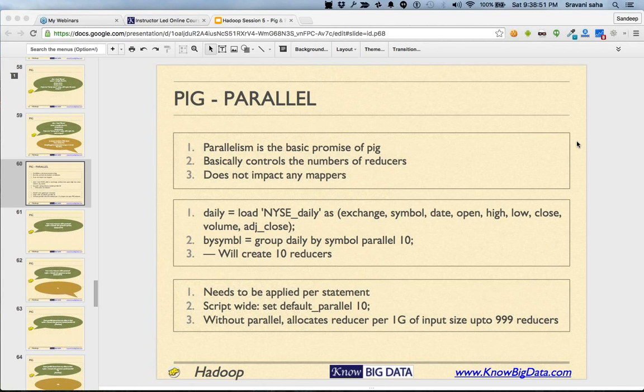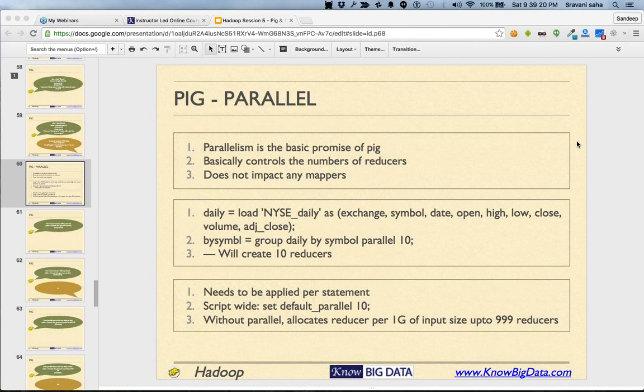Now, if you do not use the PARALLEL keyword, the way Pig decides the number of reducers is very straightforward. The strategy is that for each 1 gigabyte of input, it will create one reducer task. But if the total number of reducers is greater than 999, it doesn't go beyond 999.